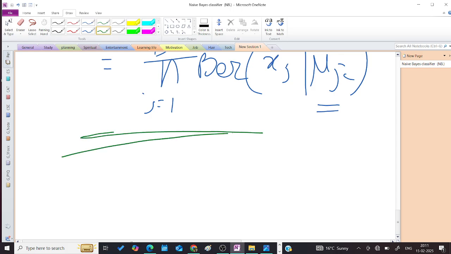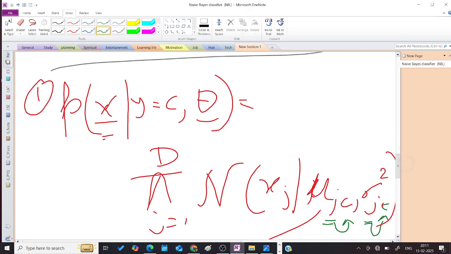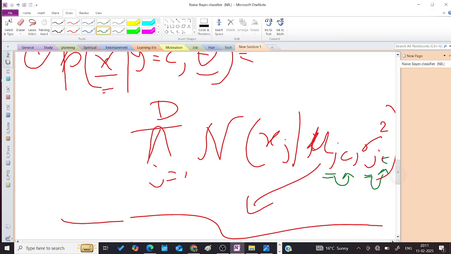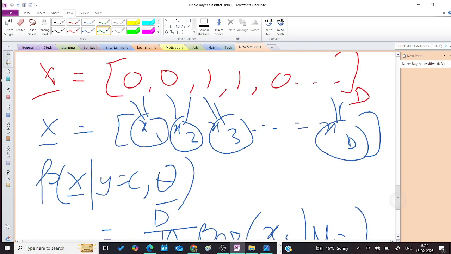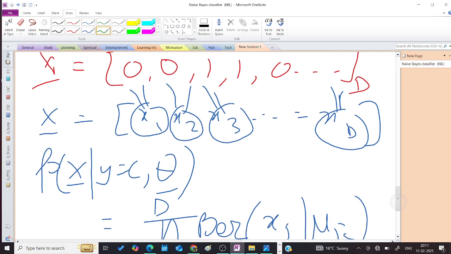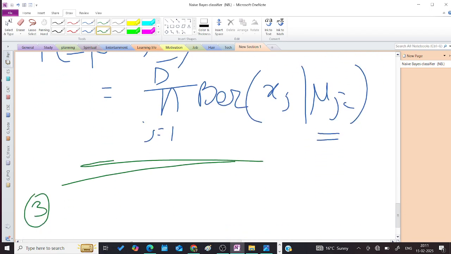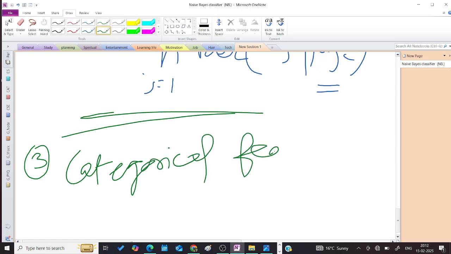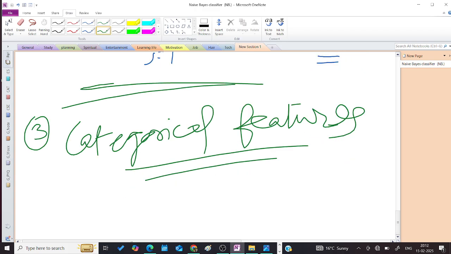Okay, and third, see, the first case was the feature is taking a real number. Second was the feature is taking a binary number, either 0 or 1. And the third one, the feature is taking categorical values, or we can say categorical features.